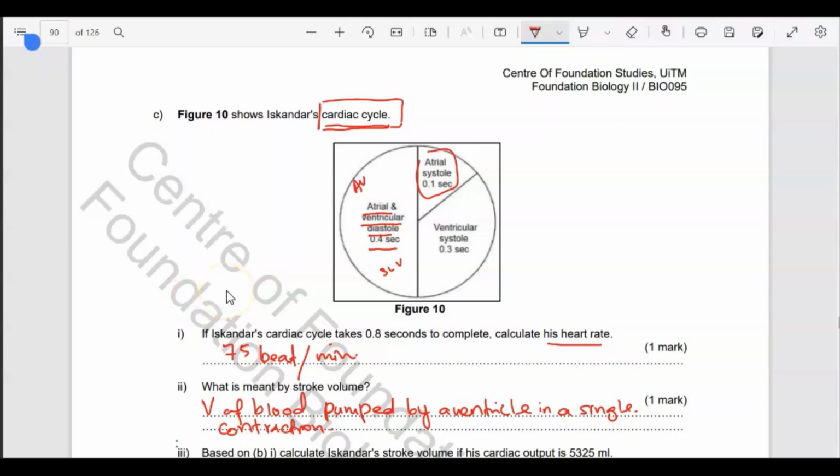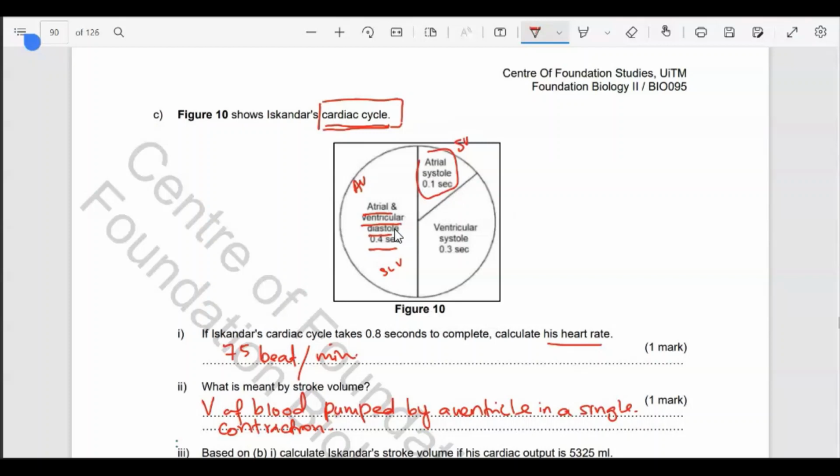At this point, the semilunar valve still remains closed, because it wants to collect the blood in the ventricle, and the AV valve will also remain open. Because we want to push all the blood into the ventricle, obviously the AV valve has to remain open. So that is the second stage.